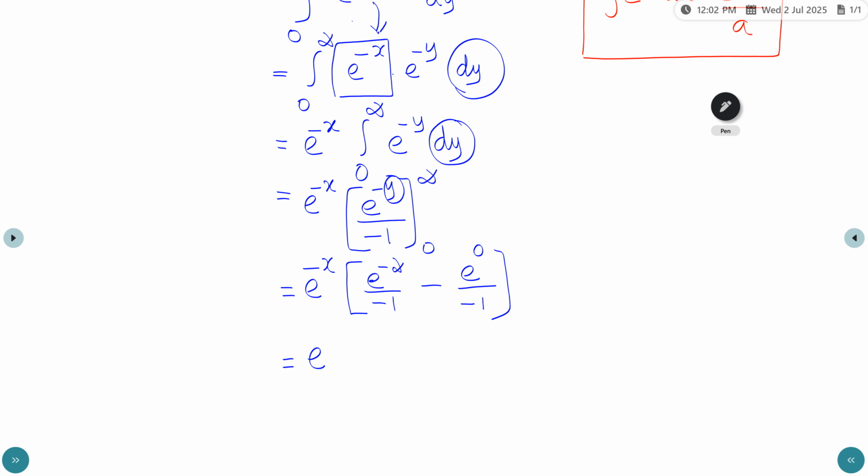So that is e power minus x. e power minus infinity value is always 0. So e power minus 0 by minus 1: 0 minus, any number power 0 is 1, divided by minus 1.